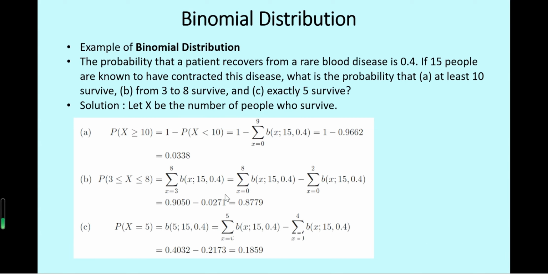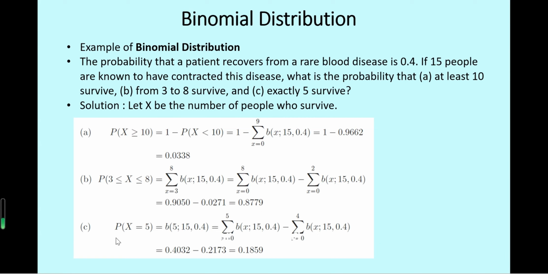And similarly for the second question, we want to calculate the probability of x between 3 and 8. From the binomial probability table, this equals the sum over x from 0 to 8 of b(x; 15, 0.4) minus the sum over x from 0 to 2 of b(x; 15, 0.4). So the result is about 0.8779.